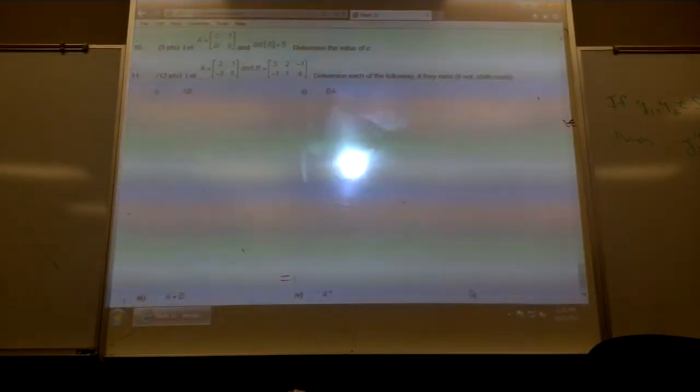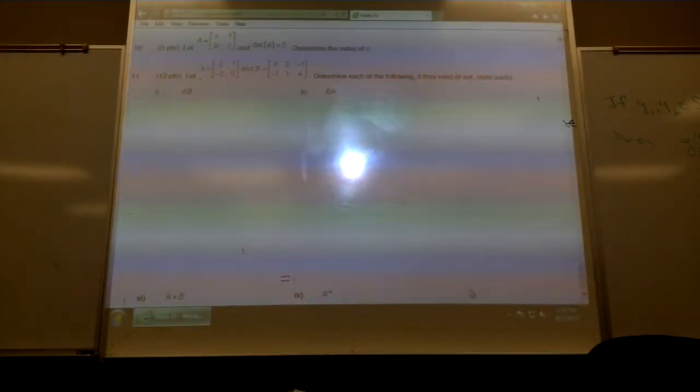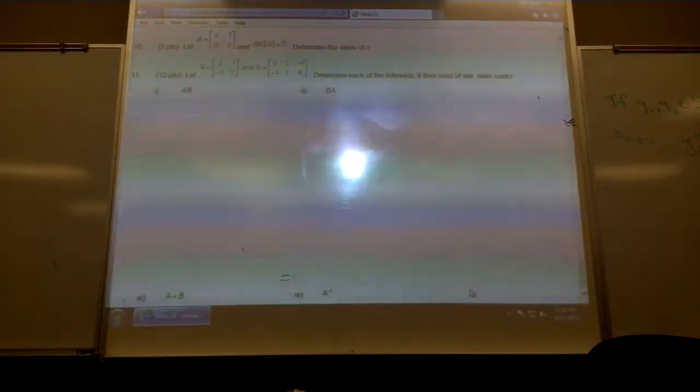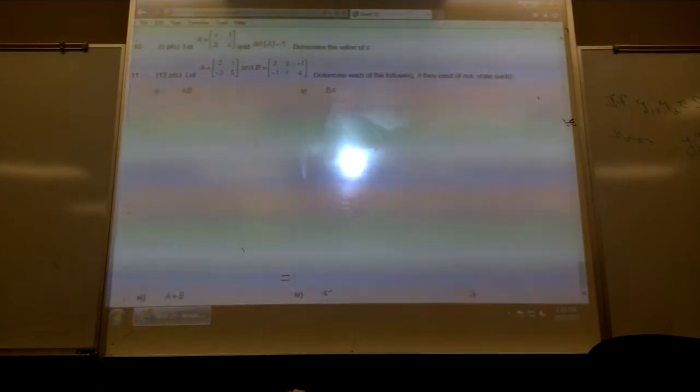You can't do it, addition's not defined. What about part 4, inverse of A? Augment A with the appropriate size identity matrix, and completely reduce the left-hand side to the identity matrix. Or use the adjoint method, or just write the answer using our shortcut. I like that.